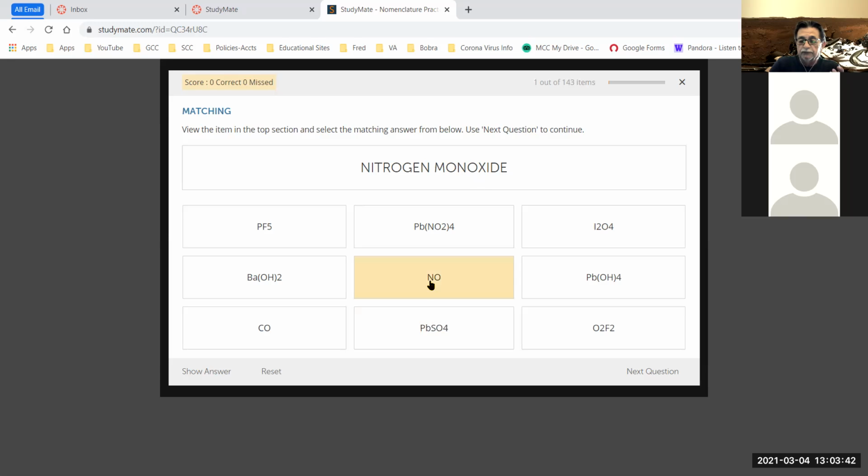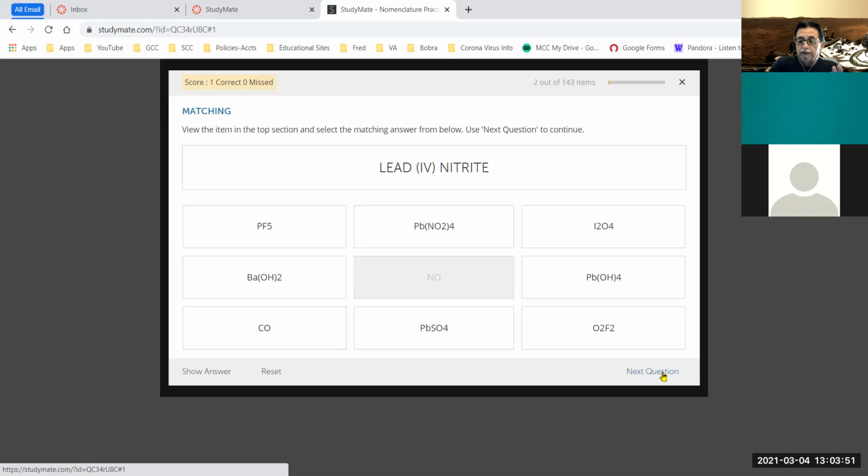And so that would be the formula. You got choices here that you can select from. Go on to the next question. So lead nitrite, okay? Remember, we have nitrate, nitrite. That's a good tool for you, an additional tool to help you out with respect to the naming.